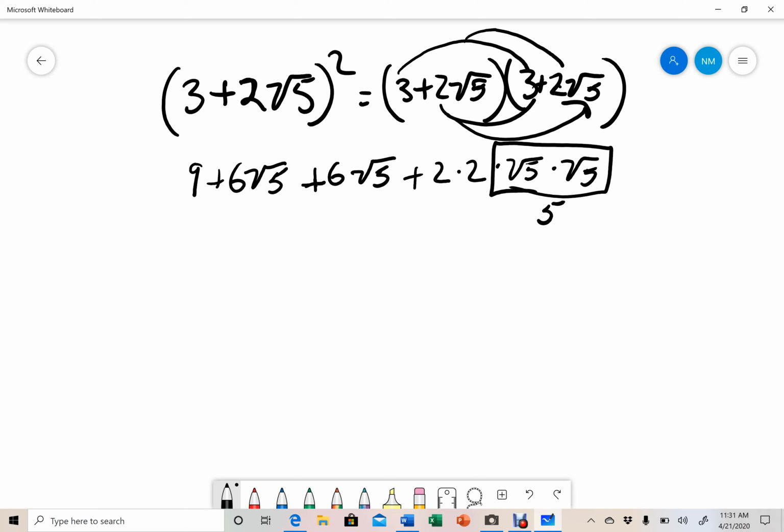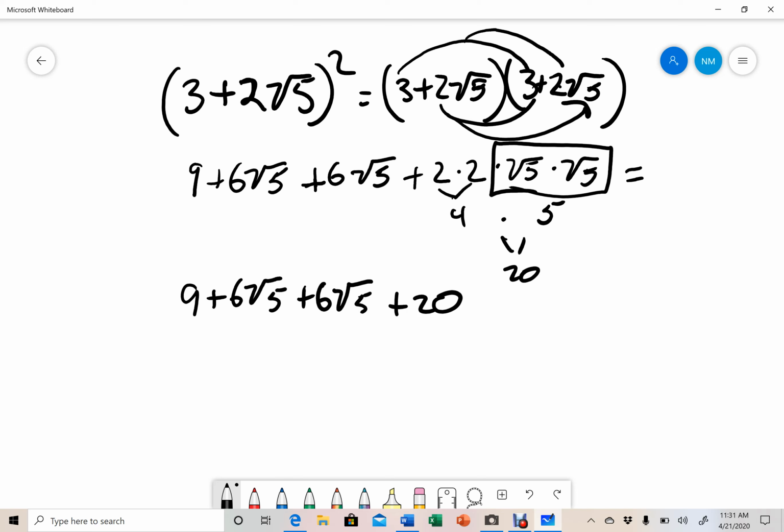So I'm basically multiplying the two numbers that are outside together, giving me 4, and then 4 times 5, which is 20. So here I've got 9 plus 6 times the square root of 5 plus 6 times the square root of 5 plus 20. We're just going through this process of foiling to get our numbers.